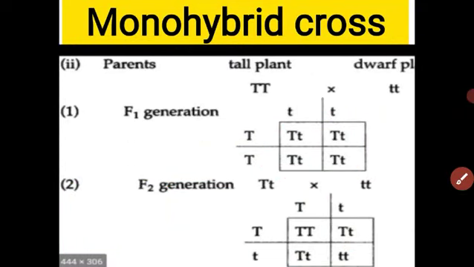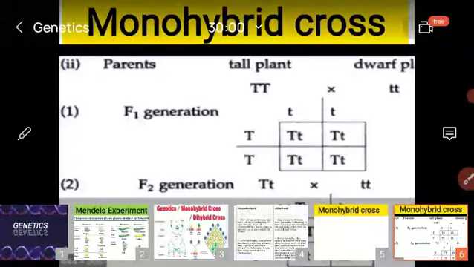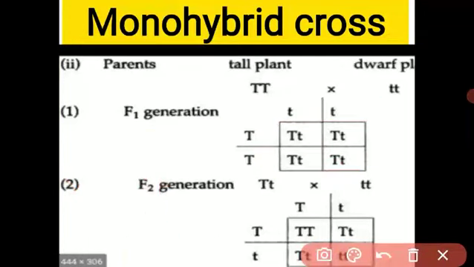Understood? And the second law, the law of segregation. Law of segregation means what, student? Whenever these alleles separate from each other, they form another gamete. Here we have seen capital T small t, capital T small t.